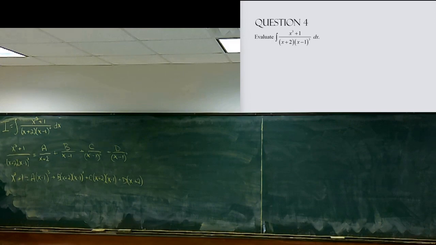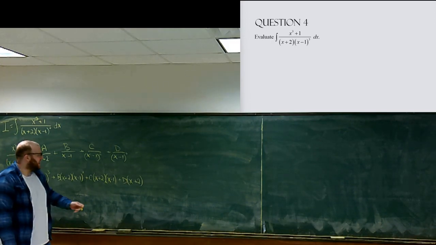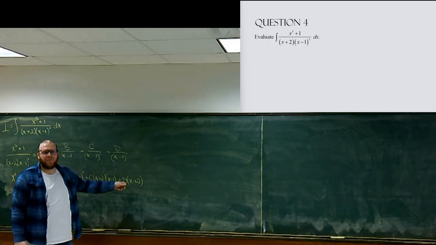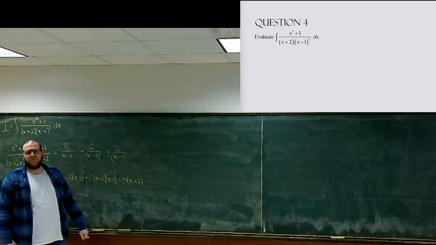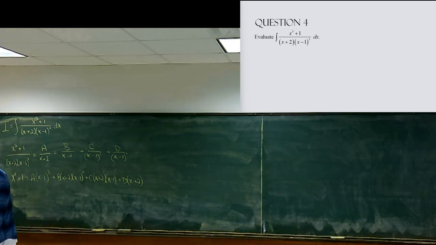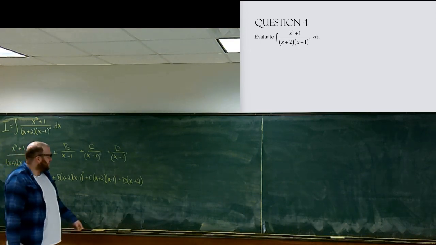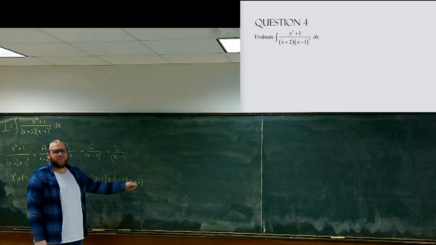Now, I'm technically making a sin here. I should not be using capital D here. Technically, this says the derivative of x plus 2. Capital D is derivative.